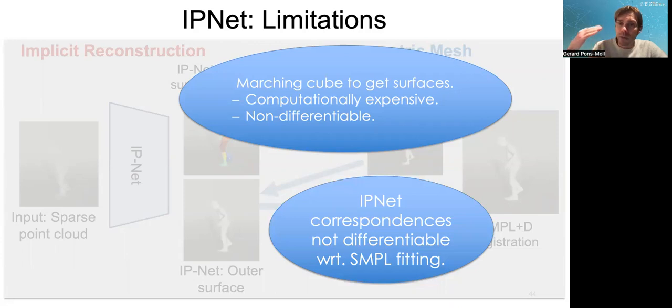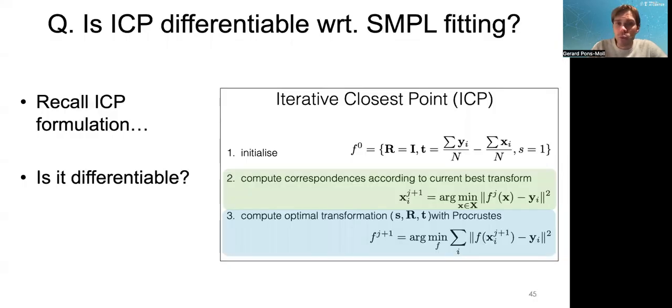So every time we're fitting the SMPL model to these neural reconstructions, we need to update the correspondences during the fitting process with the ICP algorithm. So essentially, we need to do this sort of two-step process, finding correspondences and finding the optimal SMPL transformation.